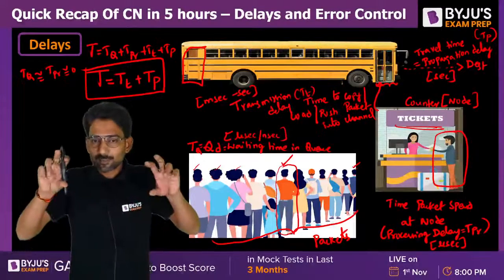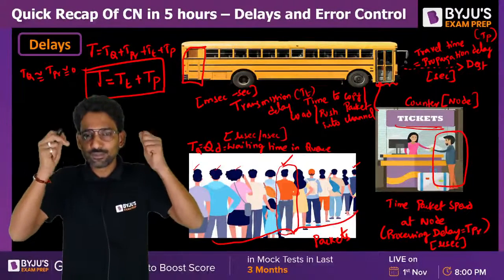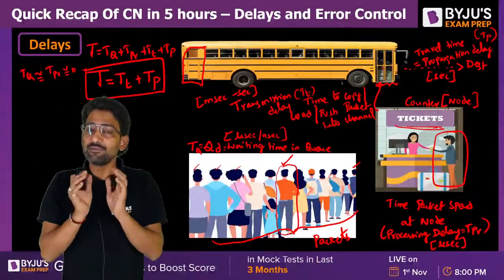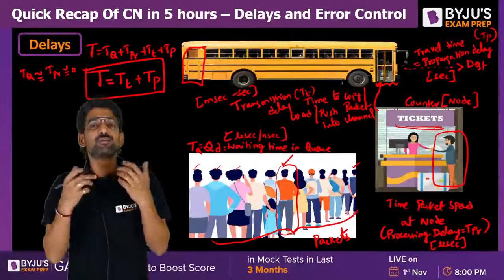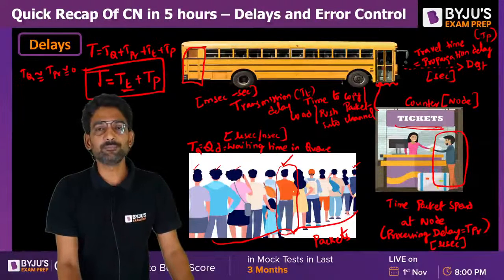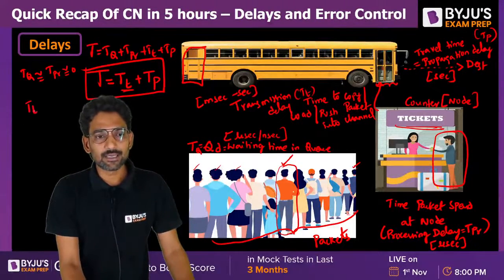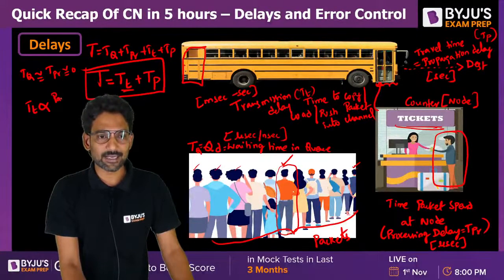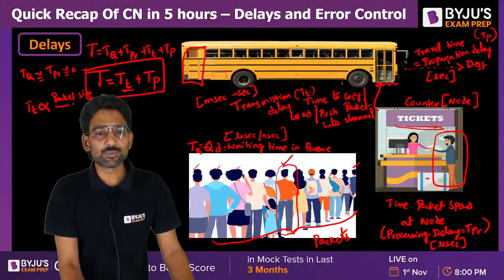So if the bandwidth is more, in less time you can load. If bandwidth is less, you take more time to load. That means the transmission time TT is directly proportional to your packet size and inversely proportional to the bandwidth of the channel. Okay, beta?